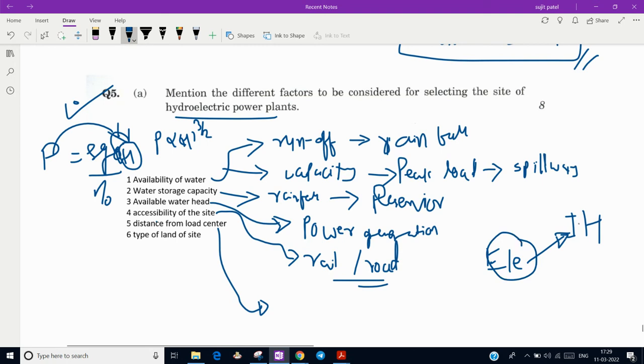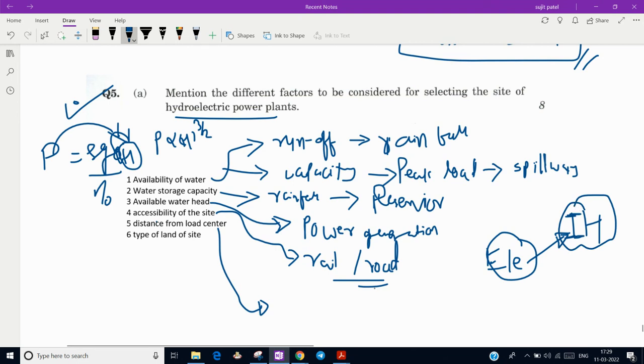If they are too far, then there are losses in the power grid and transmission cables, and these losses are very high if the distance between load and generation is very high. If the distance is very small, there is a chance that in the rainy season, if damage to the hydroelectric power plant happens, industries or household areas will also get affected. So it should be at a moderate distance.